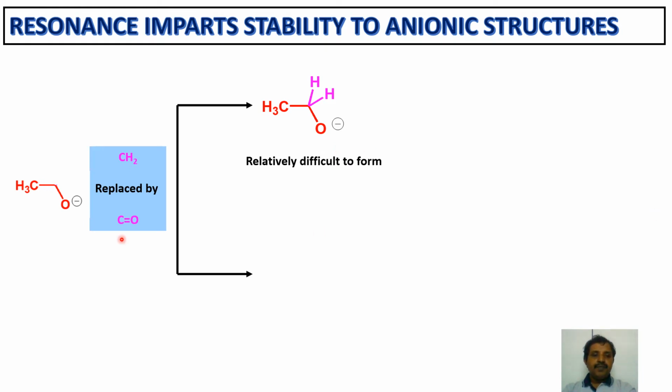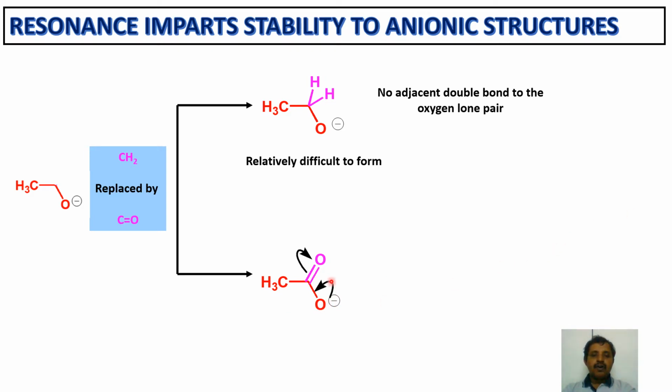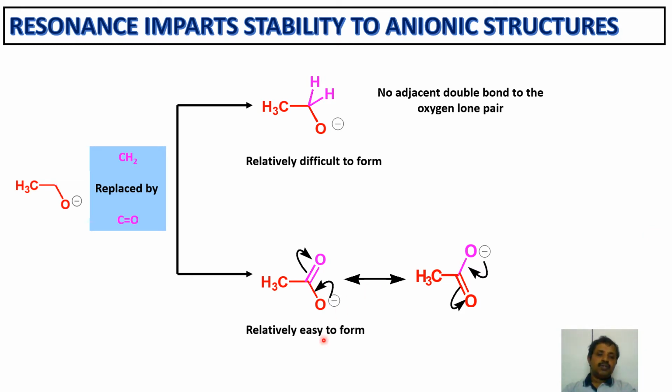Whereas if there is a double bond here, the structure is like this. Here the double bond is there, which gives a resonating structure as the electrons are moving. So the negative charge is moving from here to here, and this oxygen is bearing the negative charge, and this gives extra stability to the molecule.